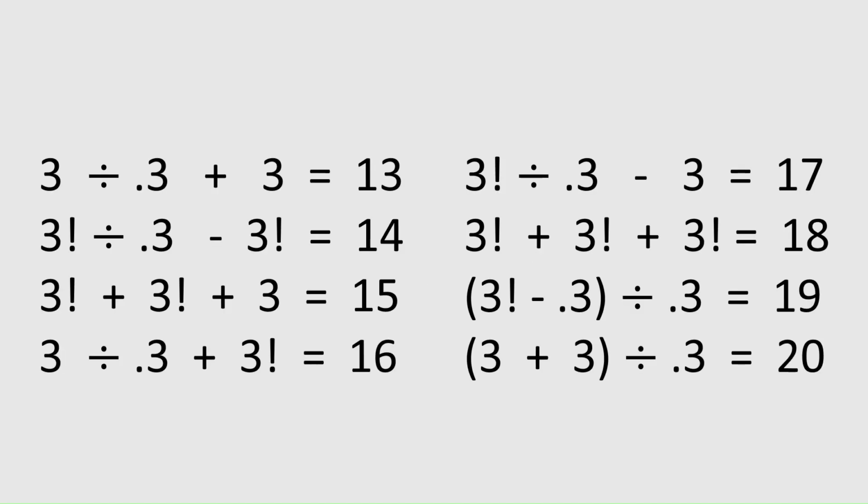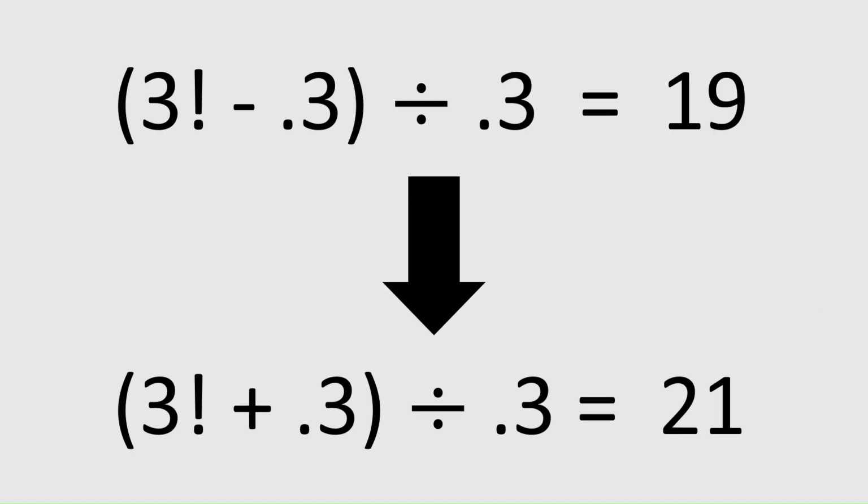Using this strategy, we can make 13, 14, 15, 16, 17, 18, 19, and 20. 19 especially takes a little bit of finagling, but if we swap around a couple of signs, we can turn 19 easily into 21.